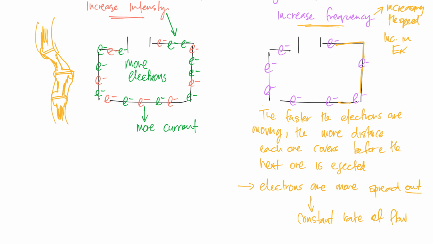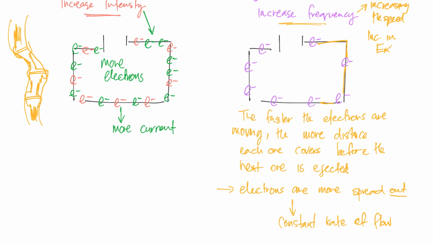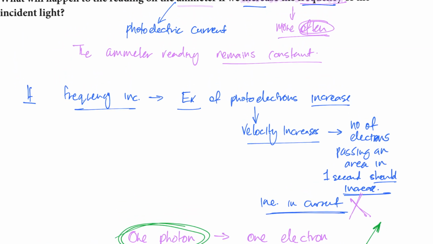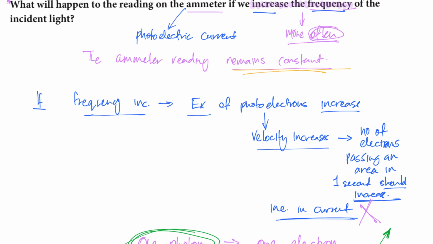Right? So it's not so much that if I increase the frequency, my ammeter reading is going to change. It's going to remain constant, because in this sort of situation, energy does not play a role. Yes, an increase in frequency means more energy, and more energy means more EK, and more EK means faster.